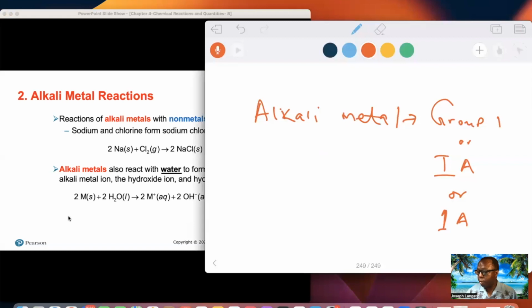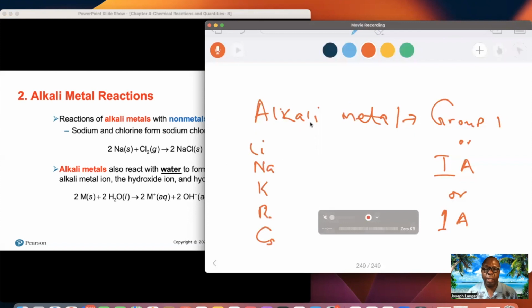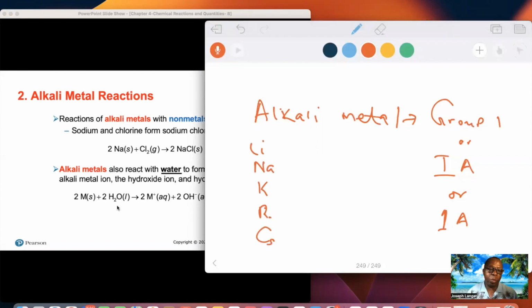Hydrogen is not one of them, so we have lithium, sodium, potassium, rubidium, and then cesium at the end. You need to know those are the alkali metals, not alkaline earth metals, so group 1.